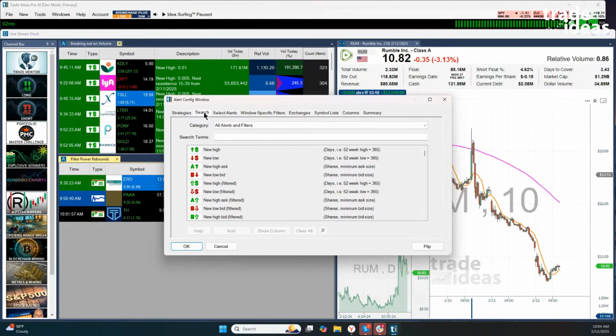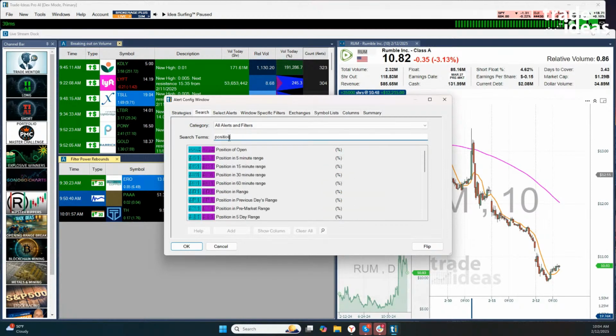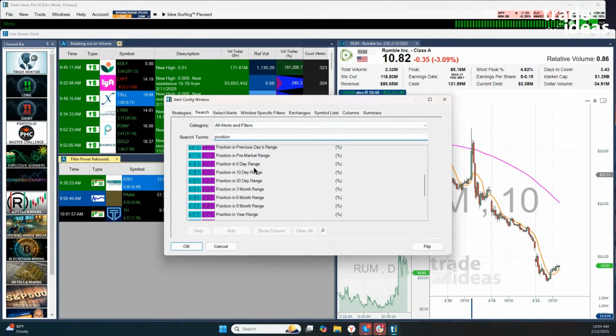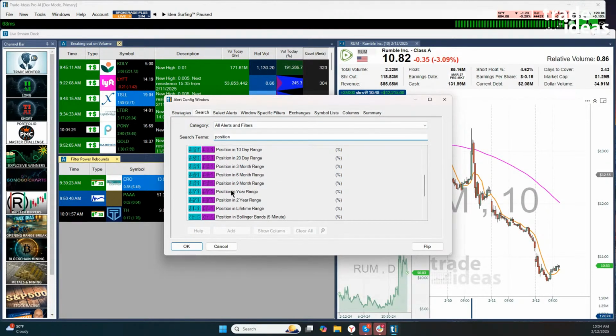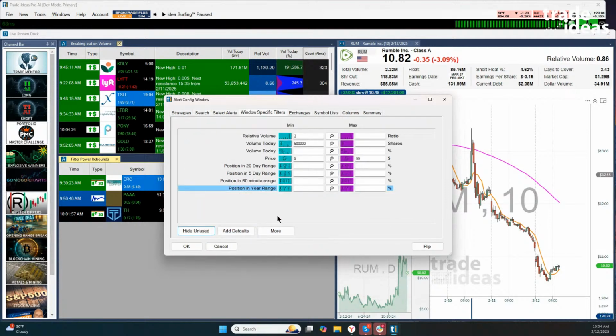But I'm going to go to search and I'm going to type in position. Okay, and you can see all the ranges we have. And I'm going to say position in year range, add filter. Okay, and I'm going to say minimum of 75.